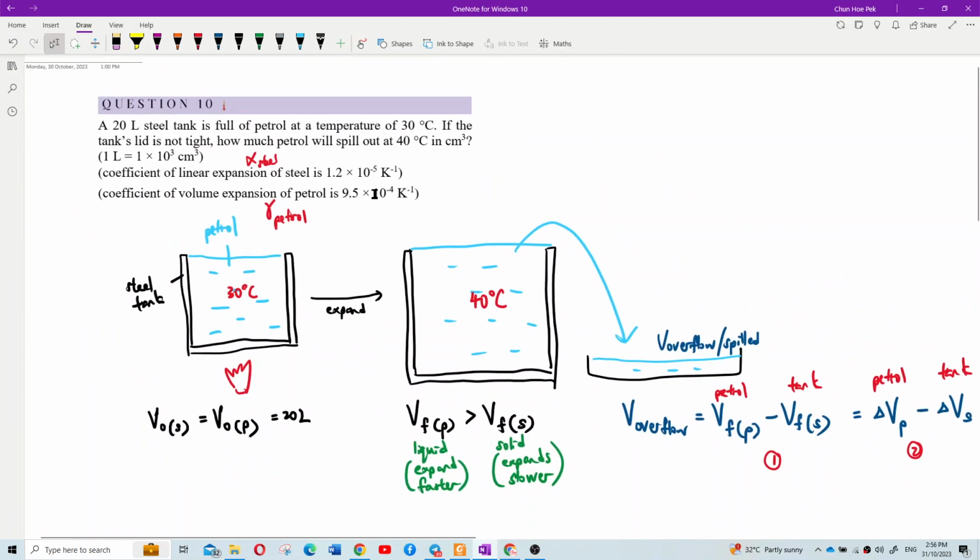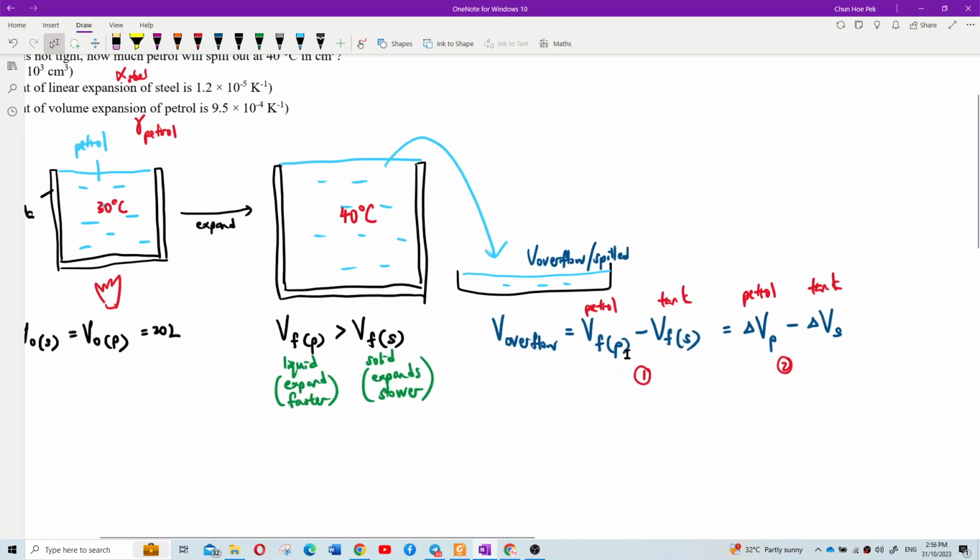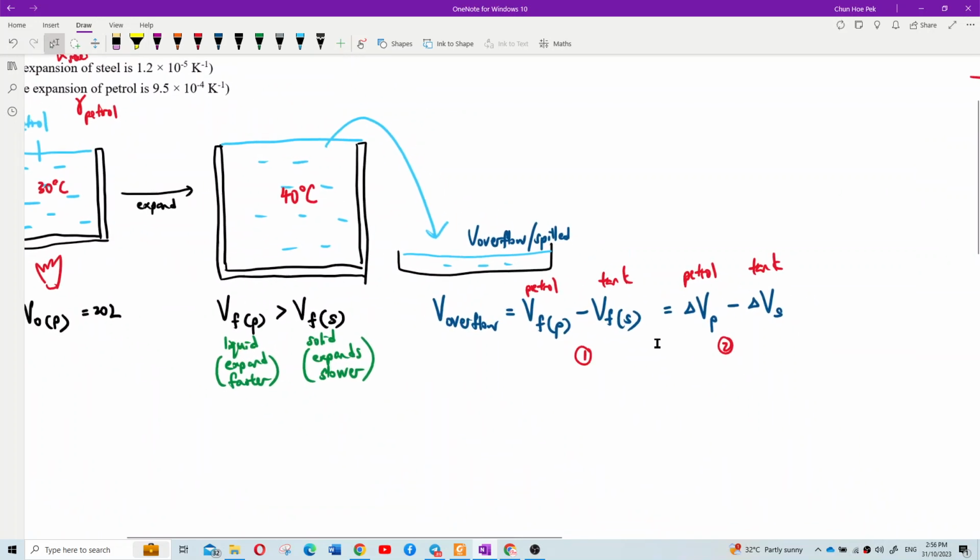What is the volume overflow? How much petrol will spill out? So just take the final volume of petrol minus the final volume of steel tank. So that means put in the formula. Initial volume times 1 plus gamma times T final minus T initial.